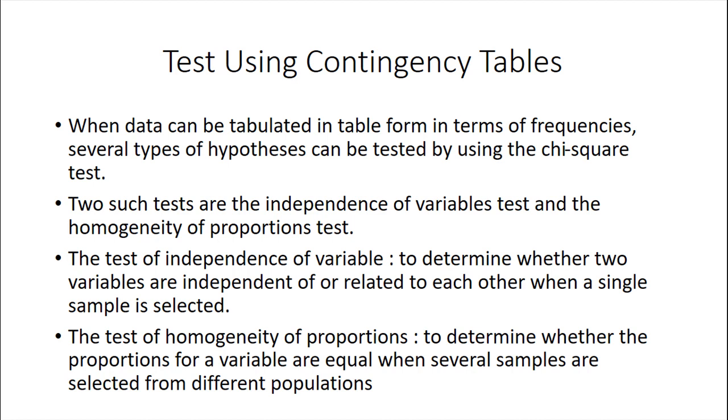The test of independence of variable is used to determine whether two variables are independent of or related to each other when a single sample is selected, and the test of homogeneity of proportion is used to determine whether the proportions for a variable are equal when several samples are selected from different populations.